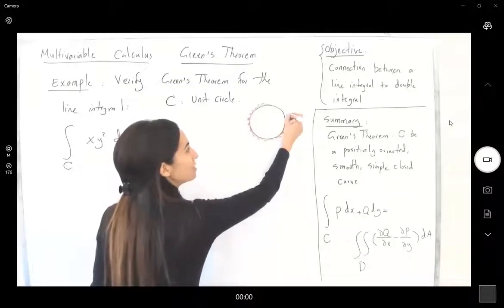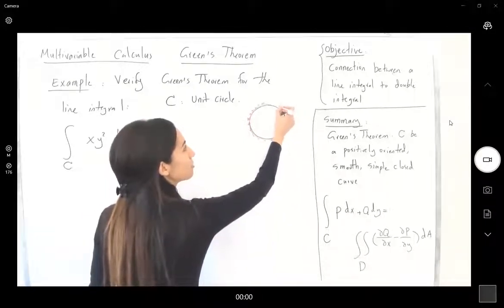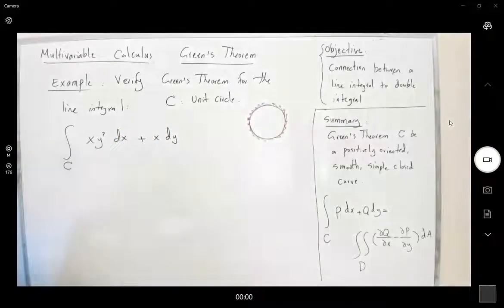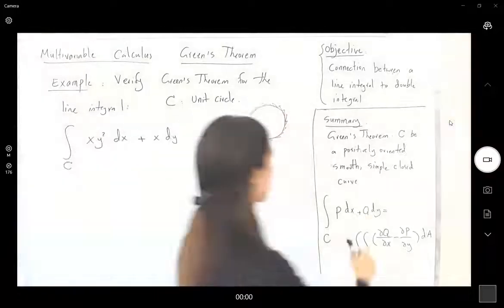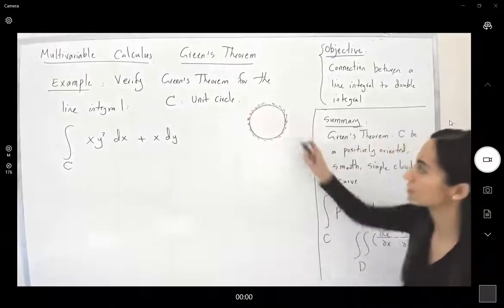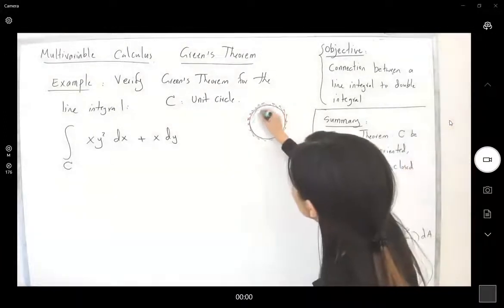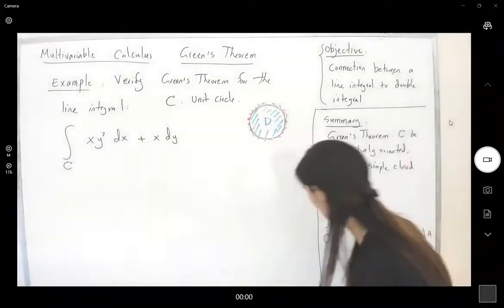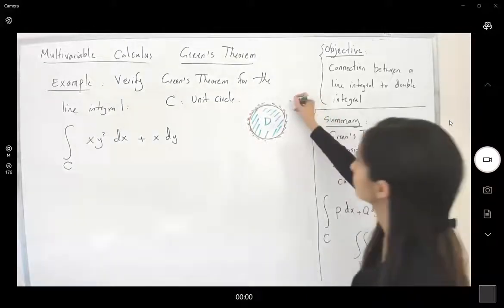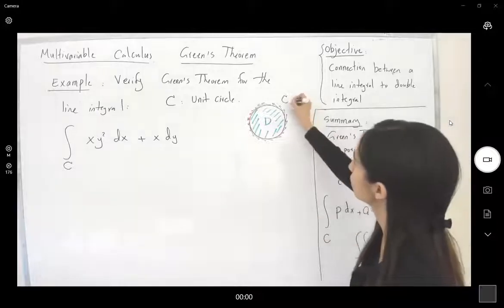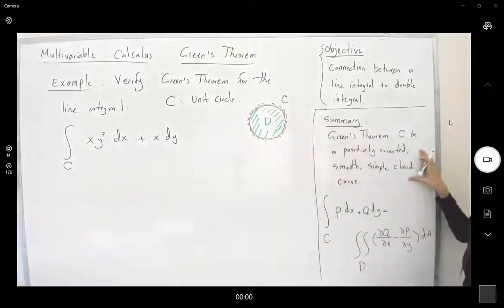We can move this tangent vector and get back to the original point. And of course, it's a simple closed curve. Well, what is D? D is the disk or the region with C as its boundary. So this is yours. Okay, it satisfies the conditions.